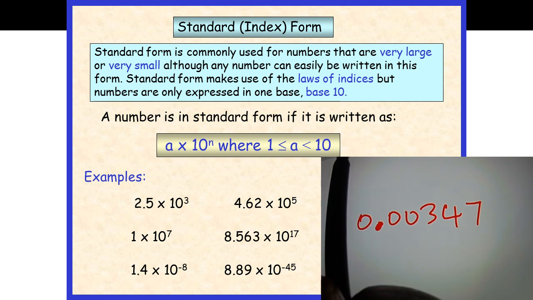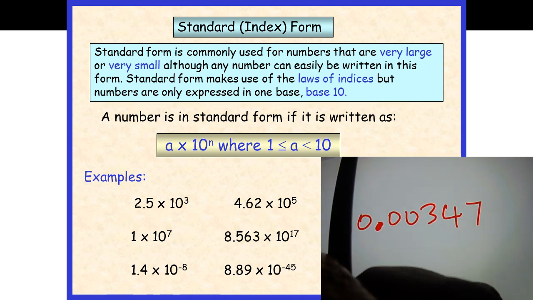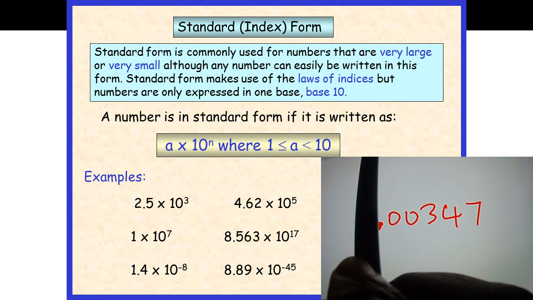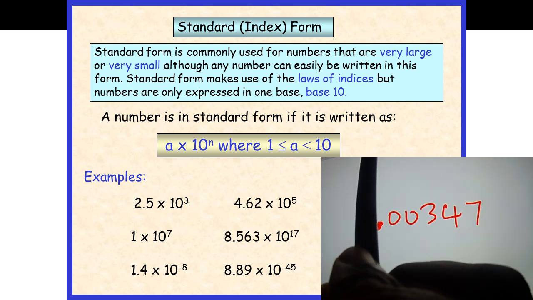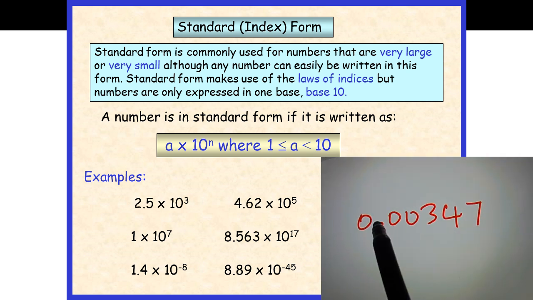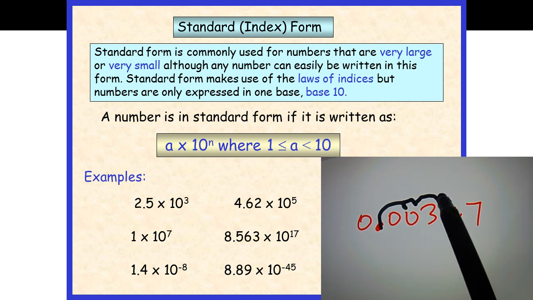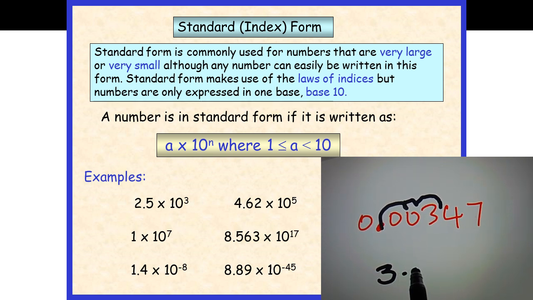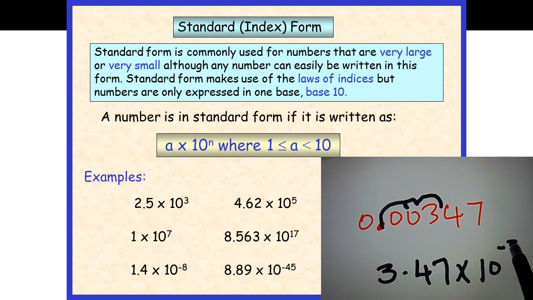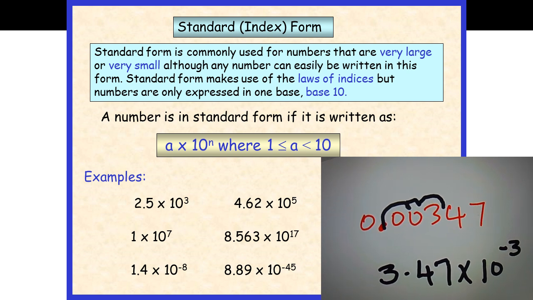If you look at this carefully, you can see here you've got 1, 2, 3, so 3 decimal places. So you've got 3.47 times 10 to the minus 3.